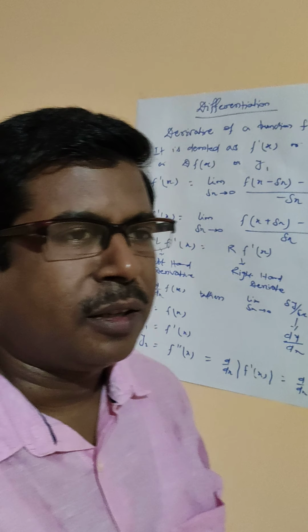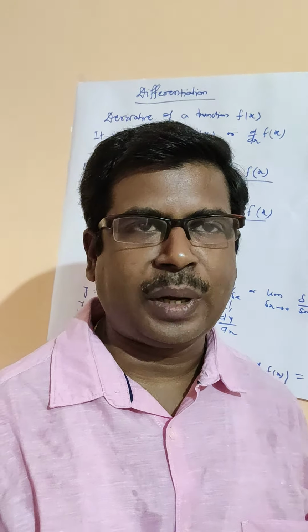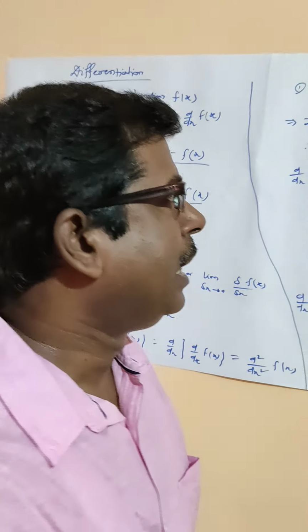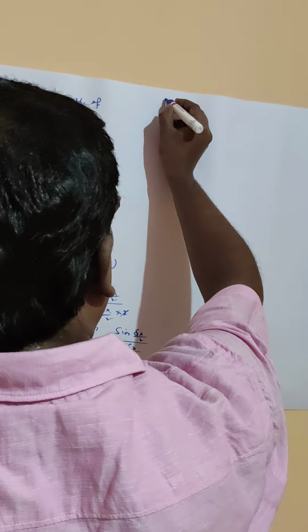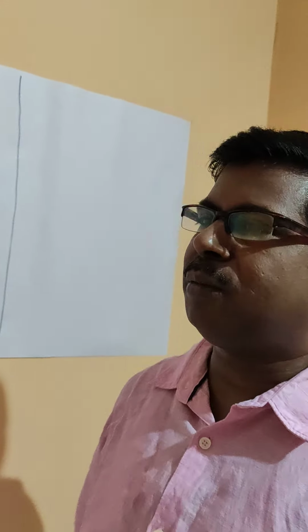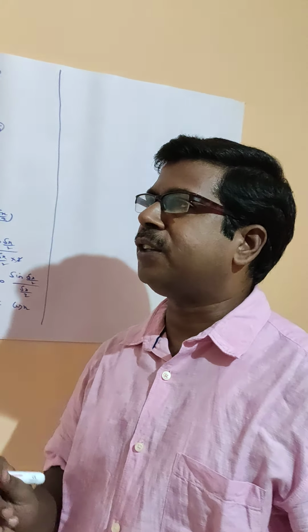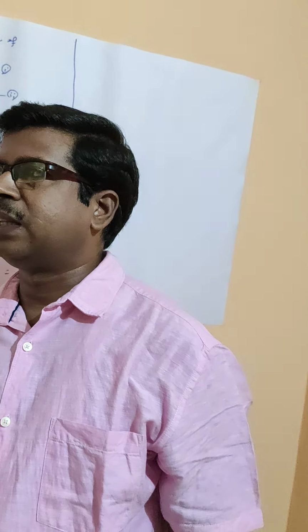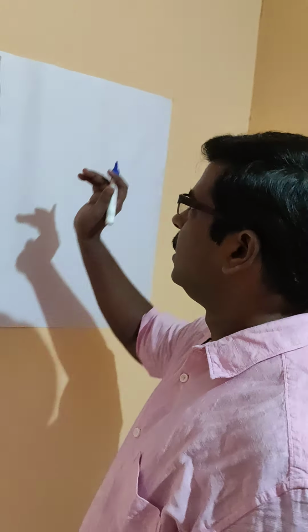Similarly, we can find the derivatives of cos x, tan x, e raised to x, and we have to use the limit formula. One important thing I am going to discuss: if a function is differentiable, then it will be continuous. This is the necessary condition. If any function is differentiable, then it must be continuous. But if a function is continuous, then it may be differentiable.